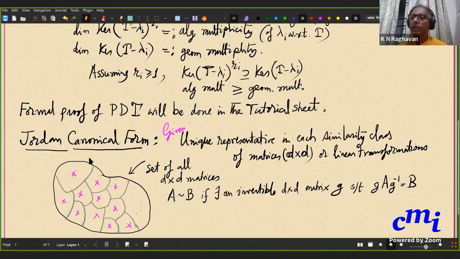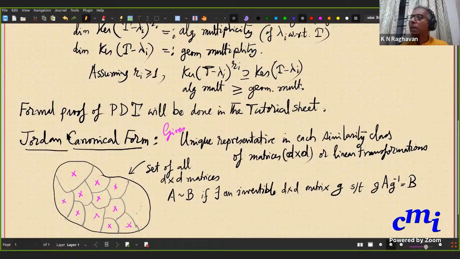But what we want to do is define a certain pattern, or a form, and say that in a matrix of this form, there is exactly one in every similarity class.